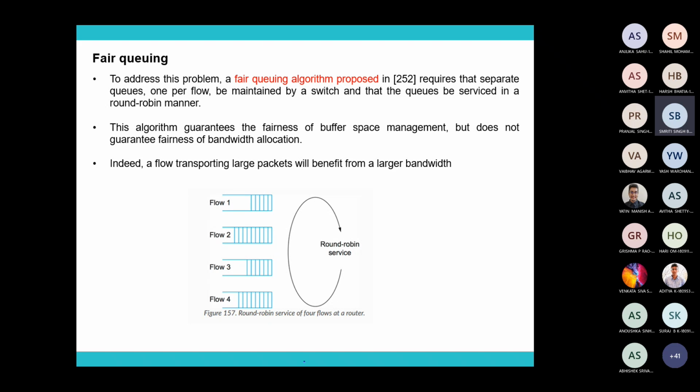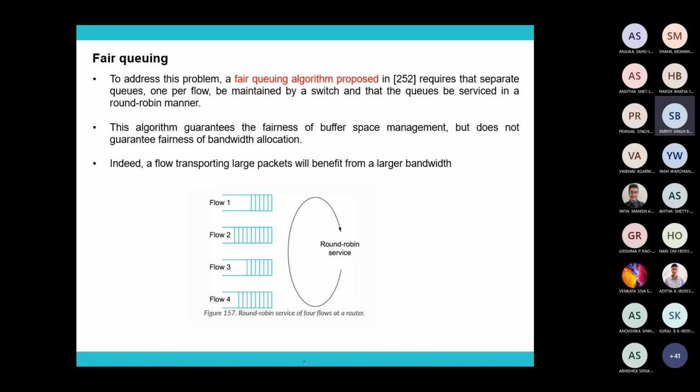Let's say you have served the customer from flow 1. He required 10 items, and you served that. Then you go to the second queue, and let's say each customer requires only two items. Then you serve 5 users from the second queue, and then you once again go to Q1.